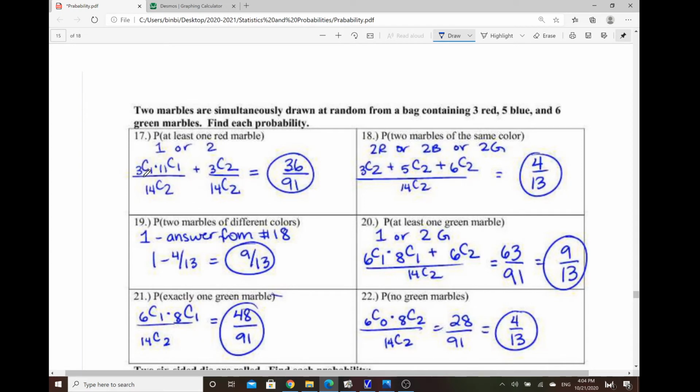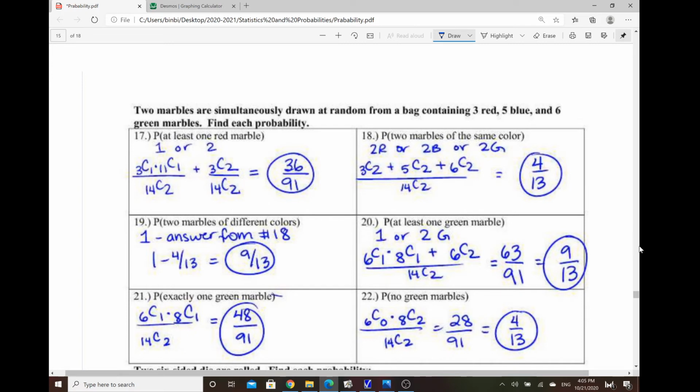This one is saying that at least we choose 1 marble. What happens if we choose more than one red marble? So 3 choose 2, over 14 choose 2. At least 1 means it could be 1 or 2, or 1 or more than 1.